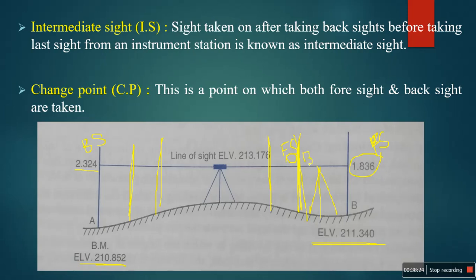This reading will act as a backsight. So on the same staff station we have to take the FS as well as the BS reading. This station will act as a change point. So I hope it is clear what is the meaning of BS, IS, FS.